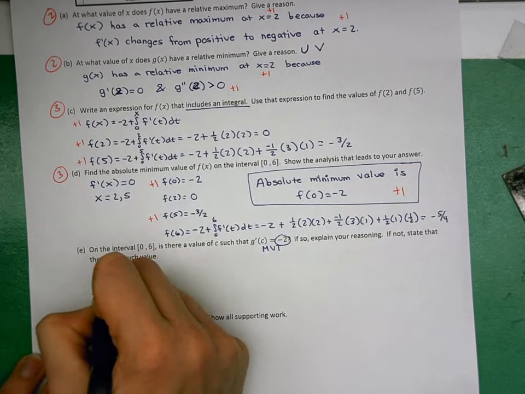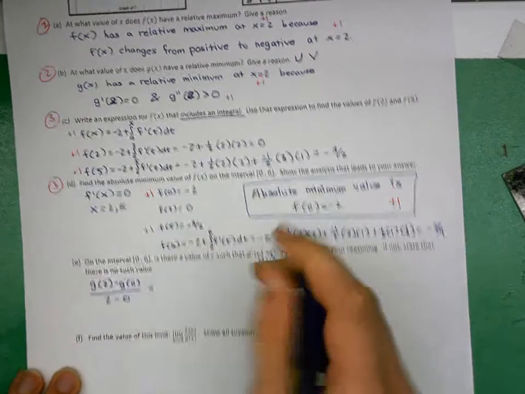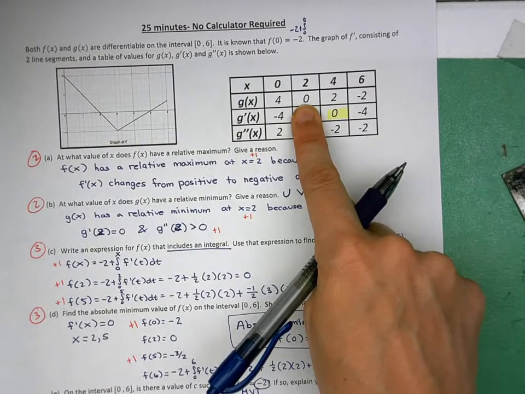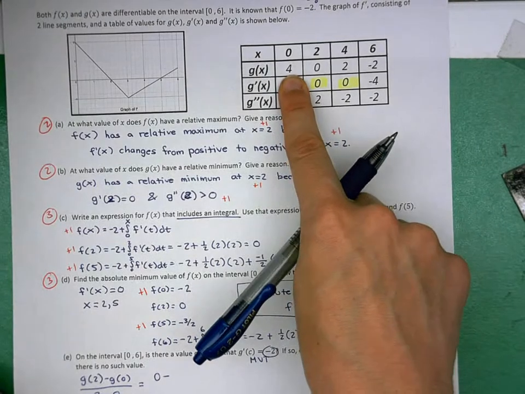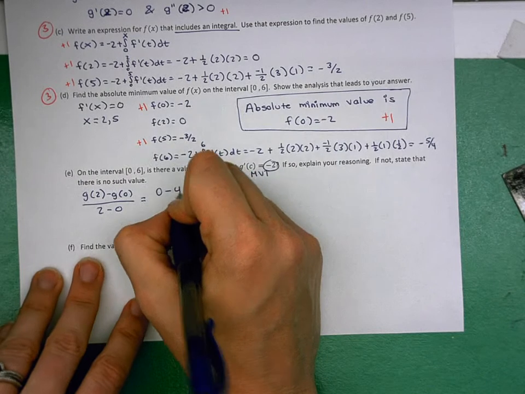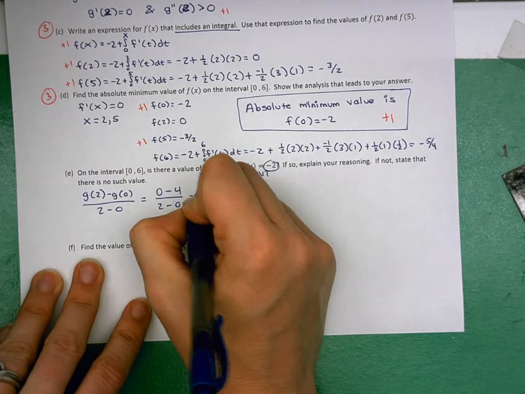g of 2 is 0. g of 0 is 4, which is -4 over 2, or -2.